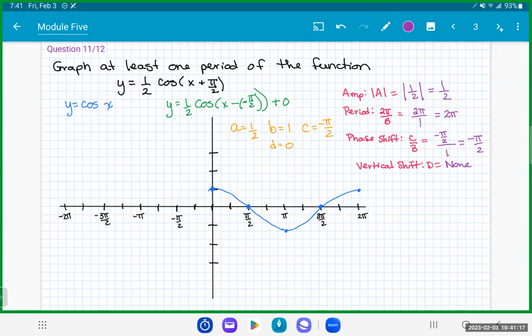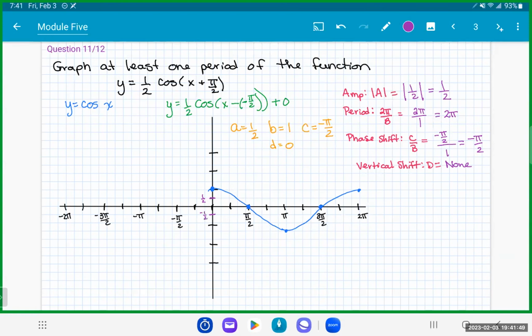Okay, so the amplitude tells us that we're going to oscillate between negative 1/2 and positive 1/2. The blue graph you see here oscillates between 1 and negative 1, because that is the range of a standard cosine graph. But this one has that transformation, so now we're going to oscillate between positive 1/2 and negative 1/2.